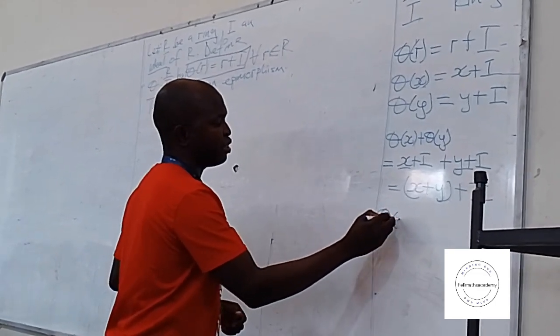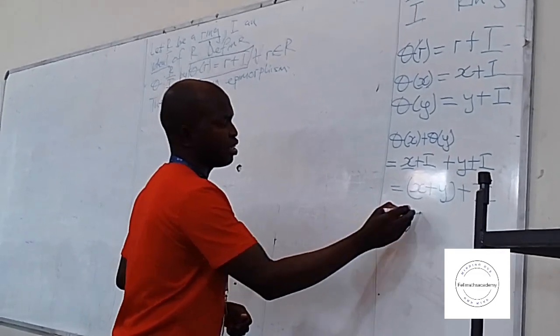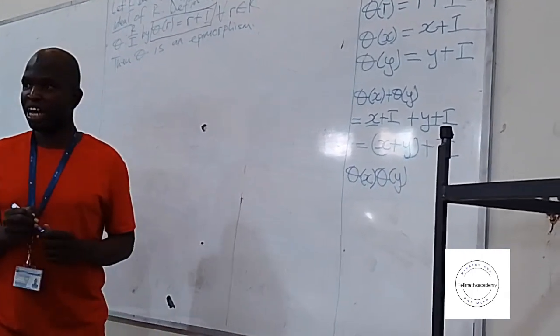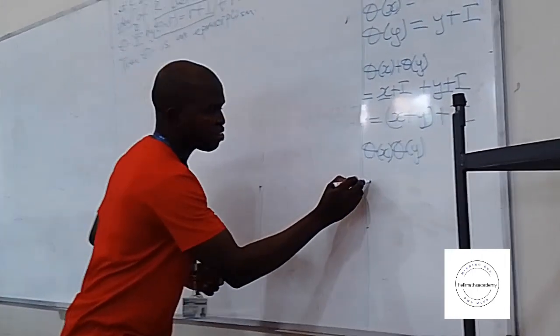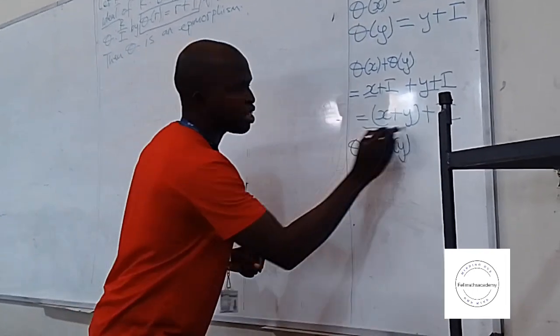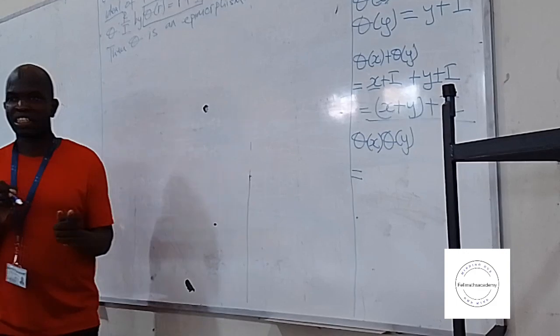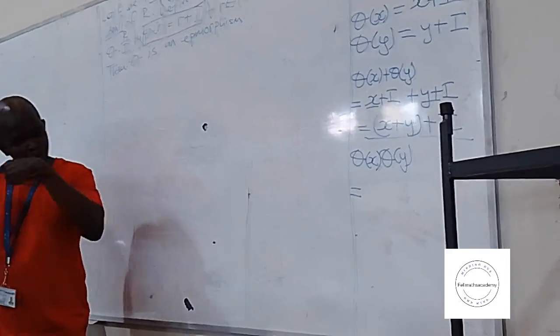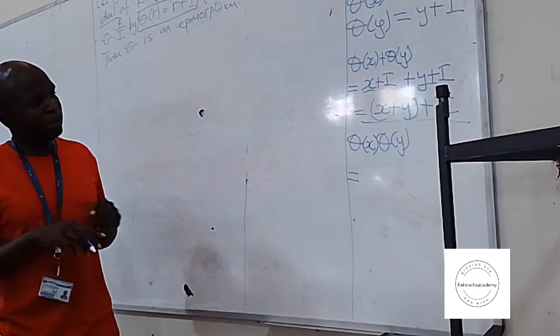Then theta x times theta y is the multiplication here under my ideals.